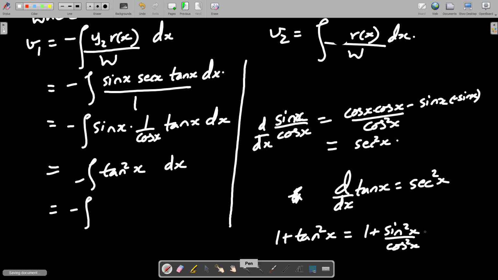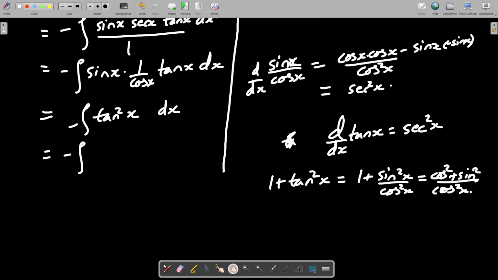But cos square you can cross multiply and take on top, so you can write it as cos square plus sin square upon cos square. Numerator becomes 1, what remains is the denominator, that will become sec square x. So in other words, 1 plus tan square x is equal to sec square x.